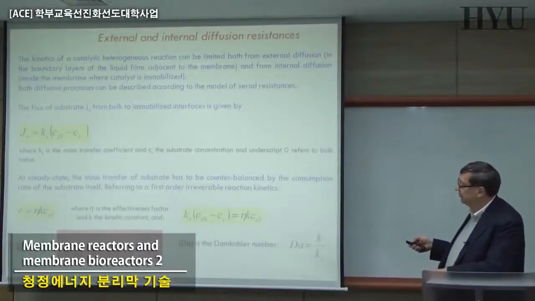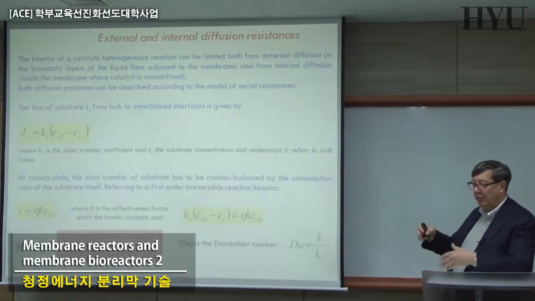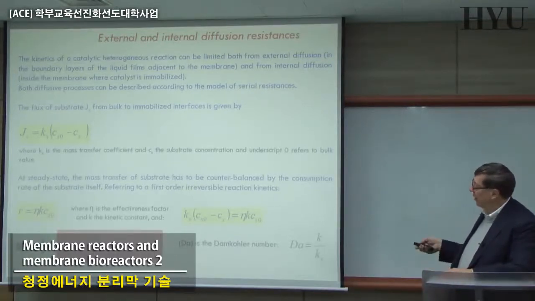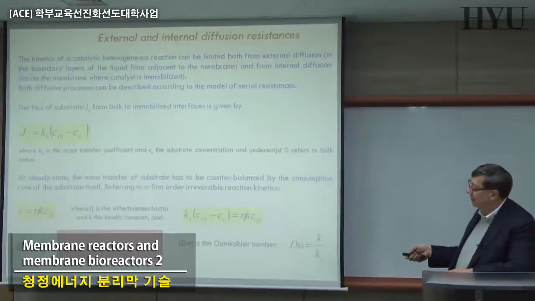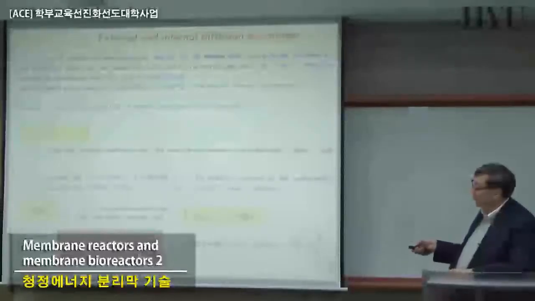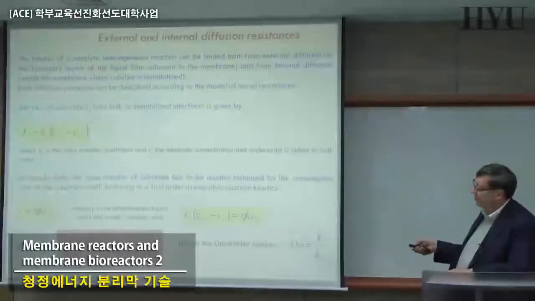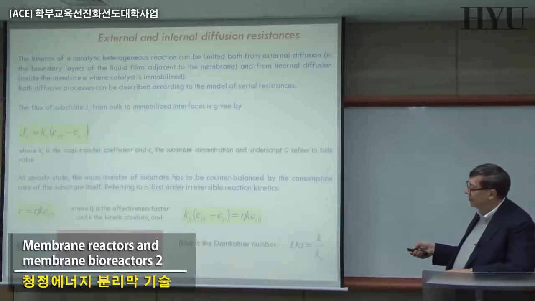In steady state, this mass transfer has to be counterbalanced, as we saw already before, by the consumption across our membranes. If we are assuming, for example, that your reaction is a first order irreversible reaction, you can have this kind of relationship.